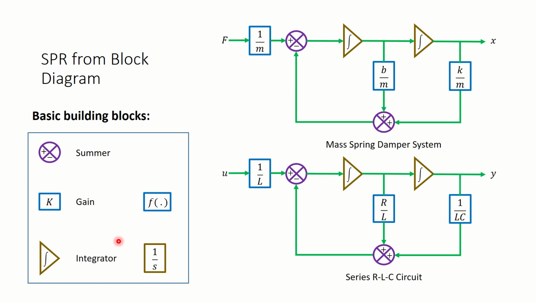However, if the system is nonlinear, instead of the gain we can use a function block, and the integrator is also often represented by 1 by s. With this understanding, we try to figure out the block diagram representations of the systems that we just studied.